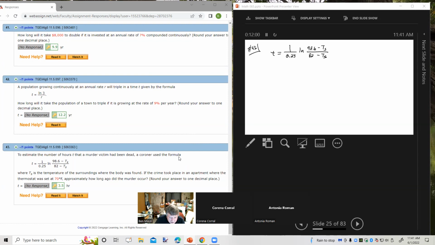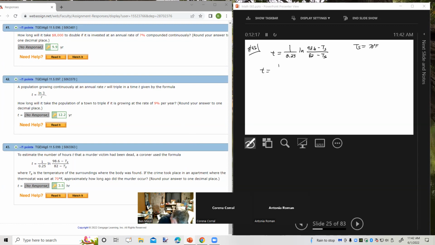If the crime took place in an apartment where the thermostat was set at 70 degrees, so that means T sub S is 70 degrees, approximately how long ago did the murder occur? Round your answer to 1 decimal place.